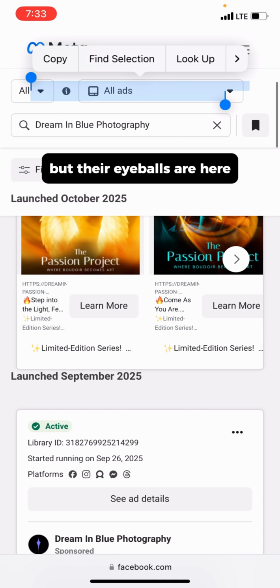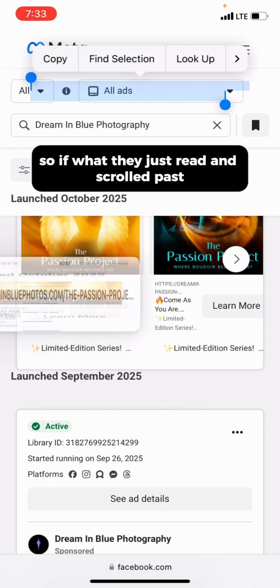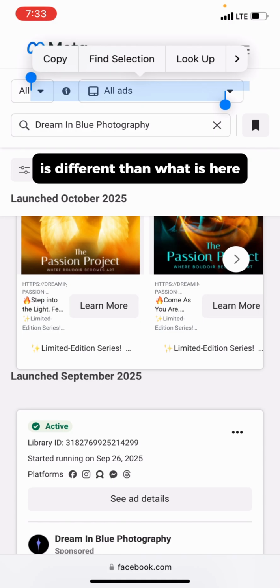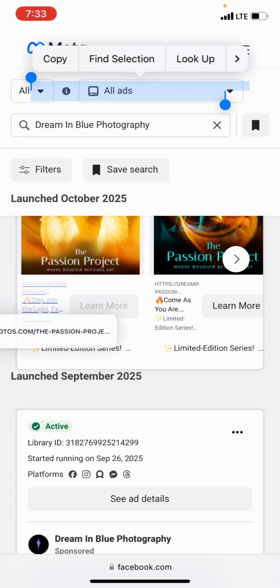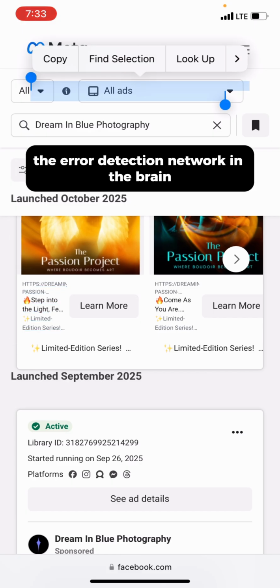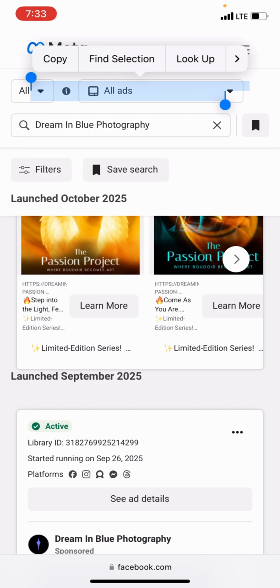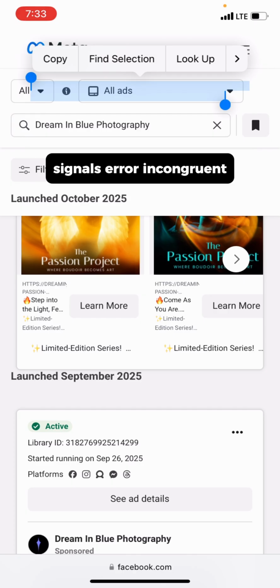But their eyeballs are here. So if what they just read and scrolled past, but has now surfaced in their brain, is different than what is here, it's going to trigger the error detection network in the brain. Triggering the error detection network signals error, incongruent, keep scrolling, confusing, keep scrolling.